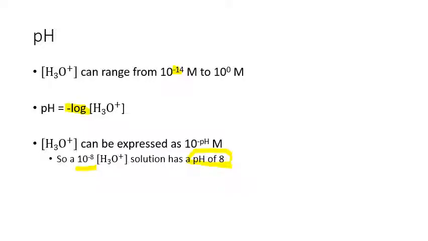If they told you your sample has a pH of 5, then that's saying it has a 10 to the minus 5 concentration. Or if you had a pH of 7, 10 to the minus 7. So you can go forward or backwards with pHs, depending on whether they give you the acid concentration or the pH.